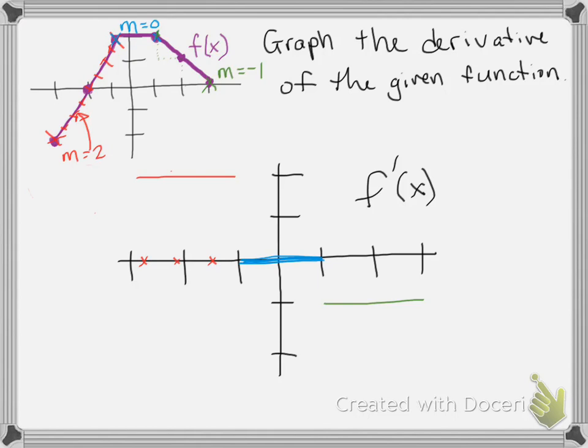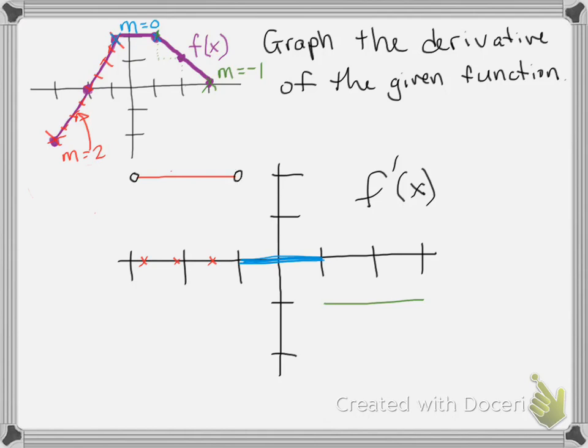Endpoints never have derivatives, so at x equals -3, we're going to use an open dot there. For x equals -1, the slope on the left side of -1 is 2. The slope on the right side of -1 is 0. Those two are not the same number, and so there's no slope there, so I can't have a colored in dot there at all.